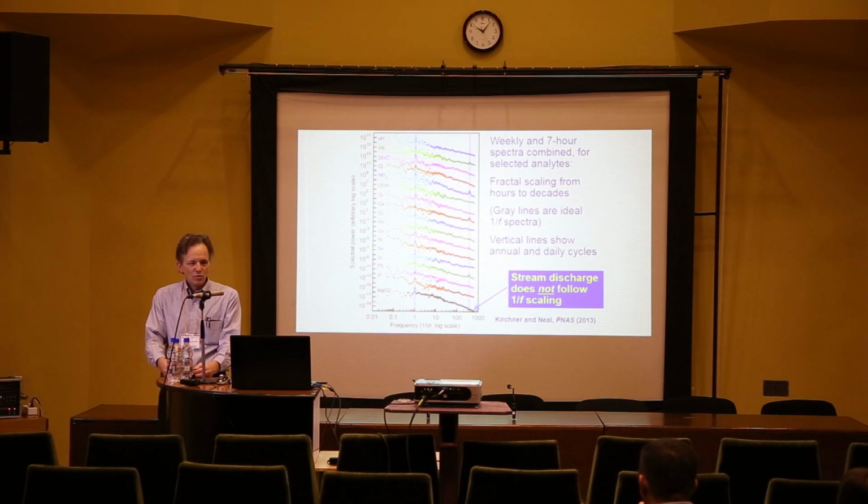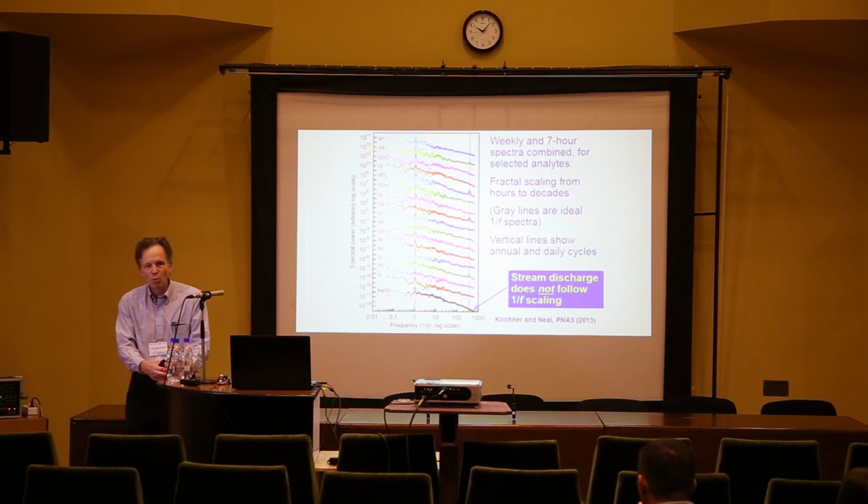there are 45 elements for which we have really good data. All 45 of them show this same spectrum on timescales from less than a day to more than a decade.